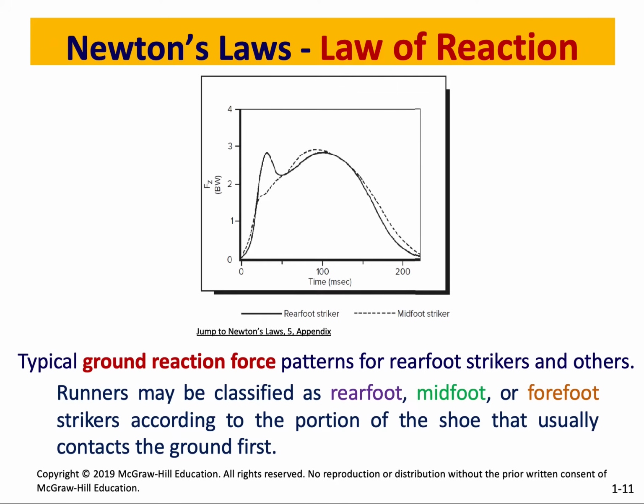In this example, we are measuring the force exerted by strikers when they are walking or running on the force plate, whether they are doing rear foot strikes or midfoot strikes. So you look at two different strikers, one doing a rear foot strike and the other doing a midfoot strike, and you can see the difference in the patterns. The solid line is the rear foot striker forces, and the dashed line is the midfoot striker.